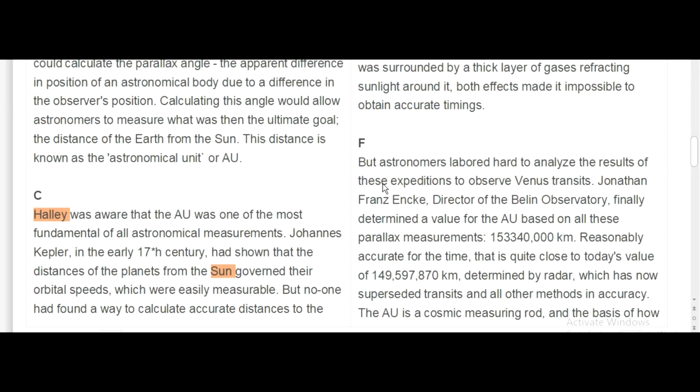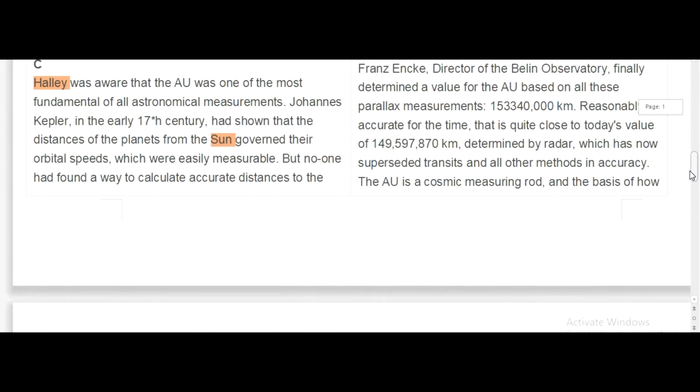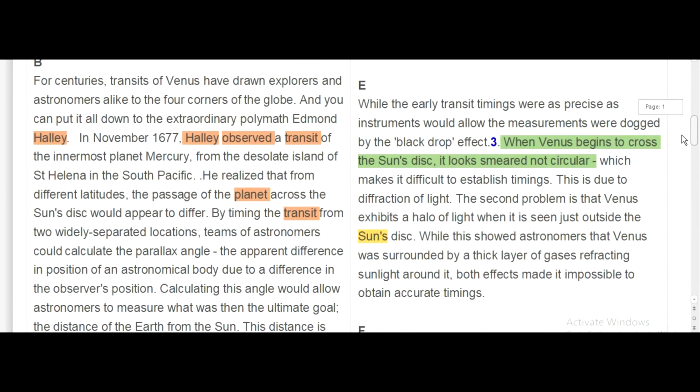Nothing here. No. Okay, guys, have you found the keyword toxic? I didn't see anything about toxic here. Let's find atmosphere.